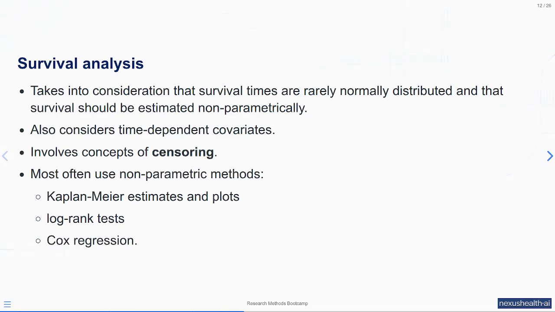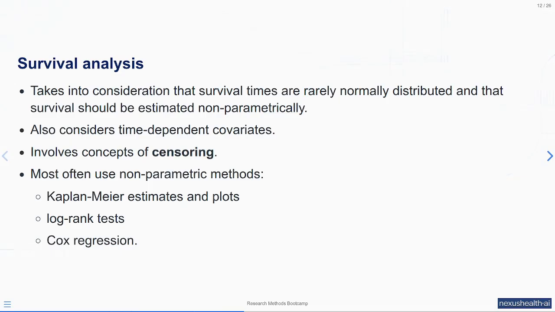It takes into consideration that these survival times are rarely normally distributed, and so they should be estimated non-parametrically. It also considers time-dependent covariates, and it involves what we know as censoring. The most often used methods for survival analysis are Kaplan-Meier estimates and plots.